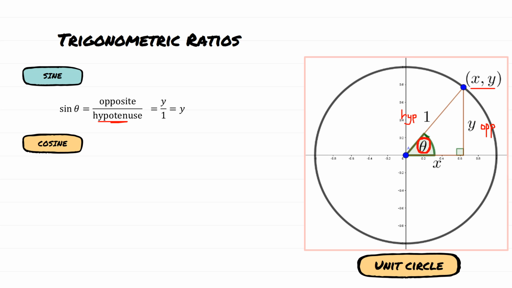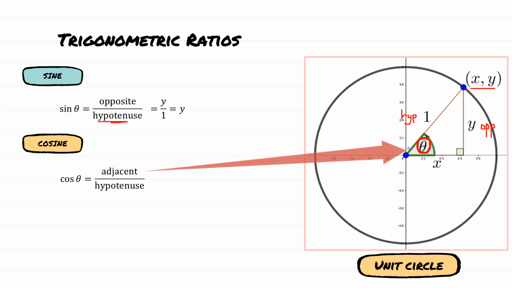Next is cosine. And how are we going to define cosine? Cosine theta is simply adjacent over hypotenuse. Alam na natin si hypotenuse, wala na tayong problema dyan. 1 na yan siya. Pero paano si adjacent? Si adjacent, katulad ng opposite, magbabase tayo dito kay theta ulit.